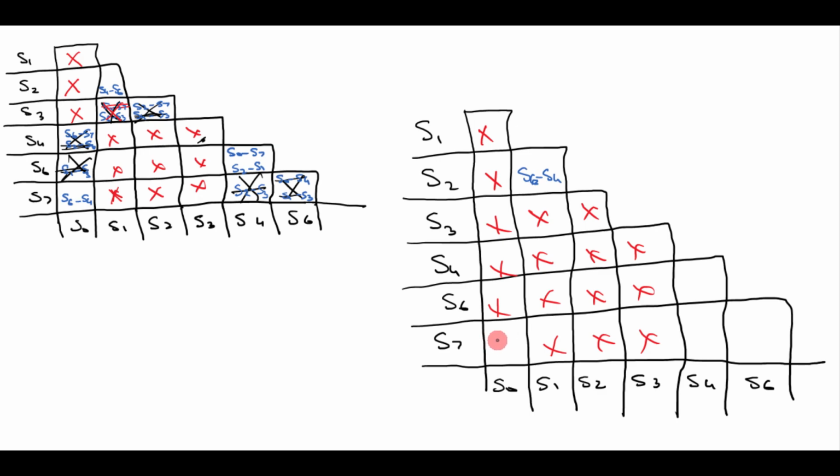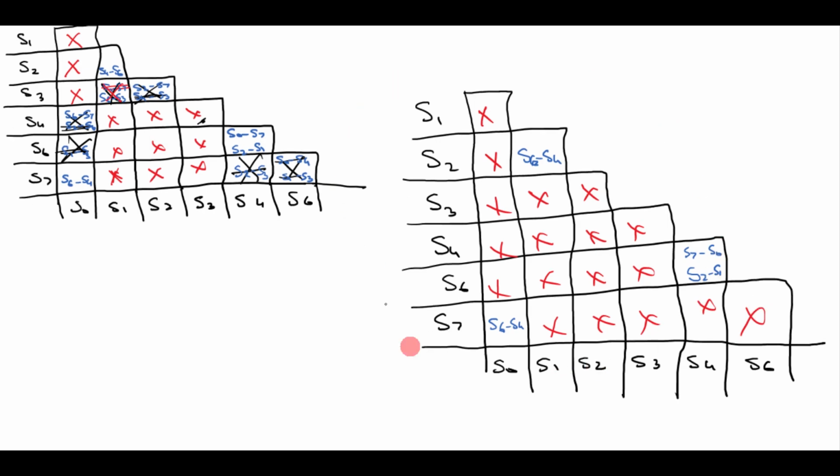Here you have S6, S4. Here you have S7, S0, and S2, S1. And here you have crosses.